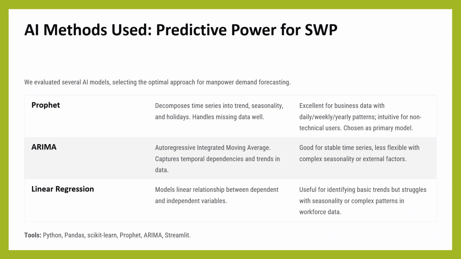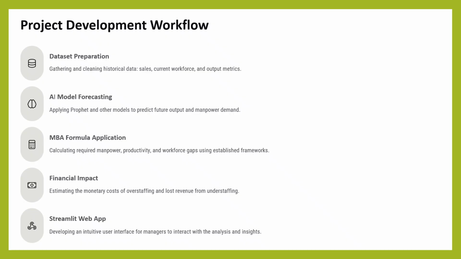Linear regression, a simple but useful model to capture basic growth trends. Together, these models provided different perspectives on demand, allowing us to test accuracy and robustness. In fact, Prophet was chosen as the primary model because it is intuitive for managers and handles missing business data effectively.